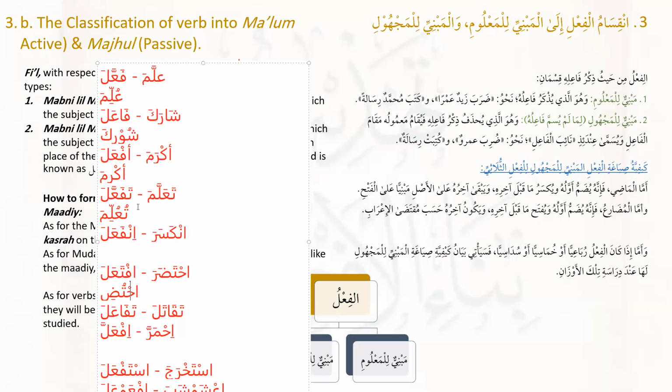We need it because of the ha. But it's not considered part of the fi'l, so we cannot start giving harakas with the alif. If you want to start giving harakas, you have to start with the original letters of the fi'l that remain with it in all states, and that is ha, ta, dad, and ra. Because ha has a sukoon, we cannot give it a haraka. We have to start with ta. So we gave ta a dhamma. We gave the second last letter, which is the dad, a kasra, and of course the ra remains maftuh.